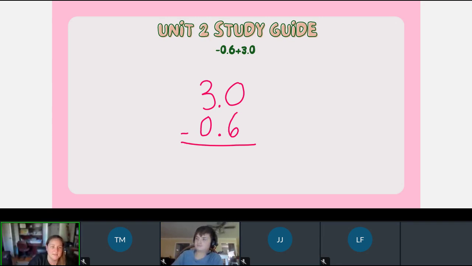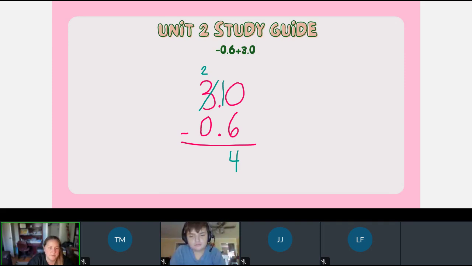Well, you can't take 6 away from 0, so we need to borrow from the 3. Right? So cross that 3 out, it becomes a 2, giving the 1 to the 10. I mean to the 0, making it a 10. Then 10 minus 6 is 4.